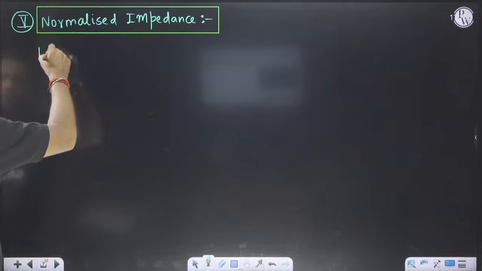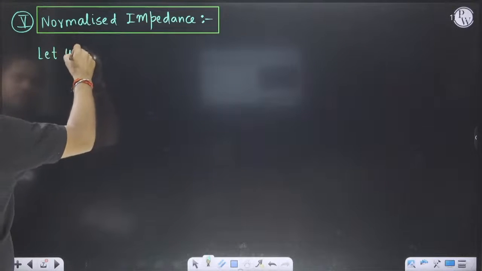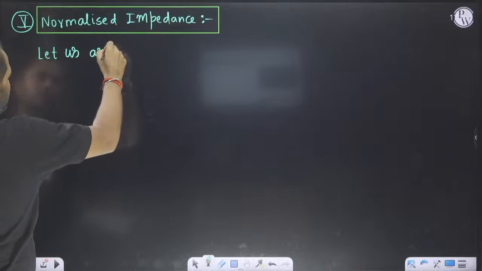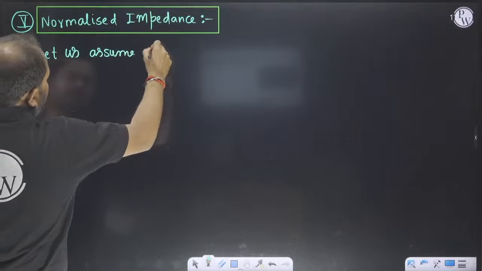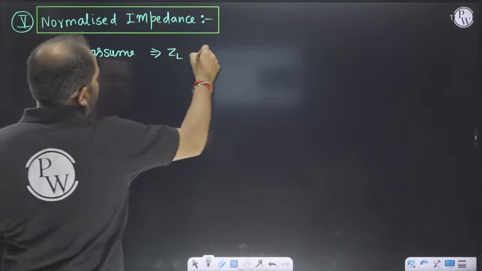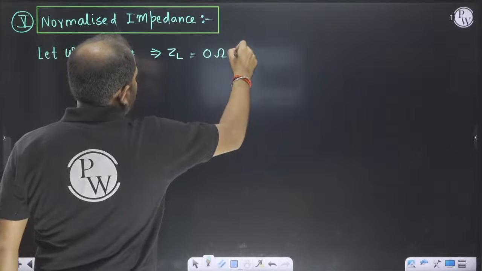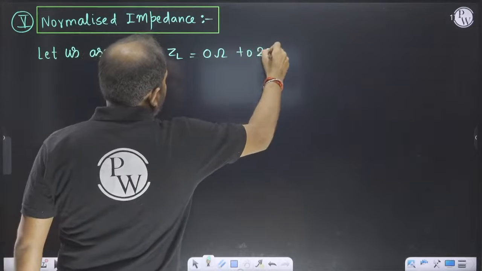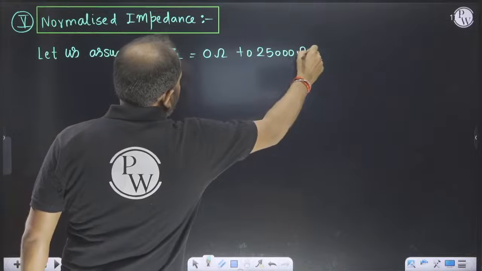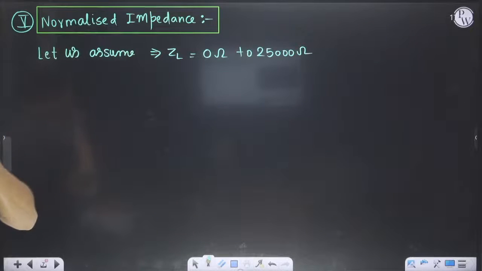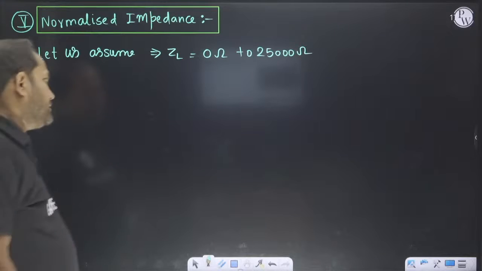Let us assume the range of ZL may be 0 ohm to 25,000 ohm, that means 25 kilo ohm. So this is a very big range.